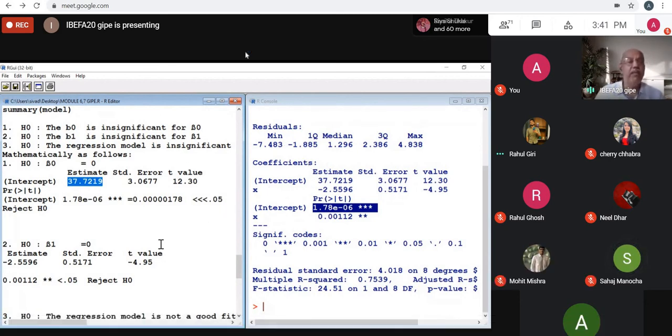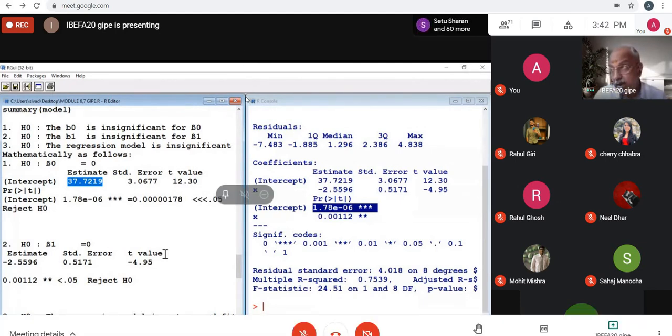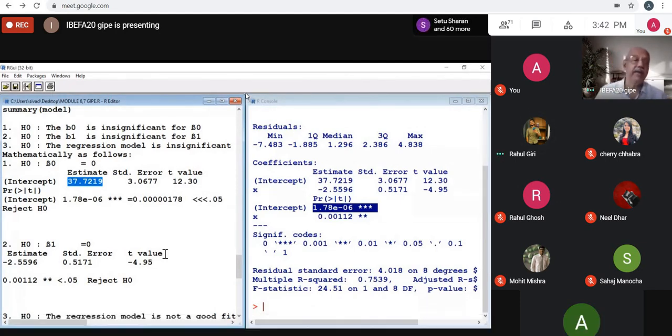That means what is the B naught you got from the data? 37.7219 is a good estimate for beta naught. Correct.